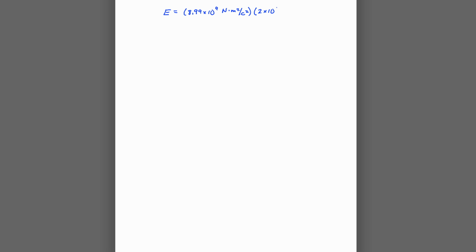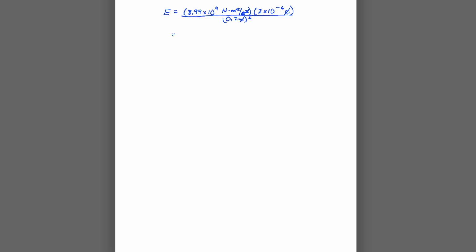Convert our microcoulombs to just coulombs as we've done in previous examples. We'll notice that our units of length disappear, and one of our units of charge disappears.